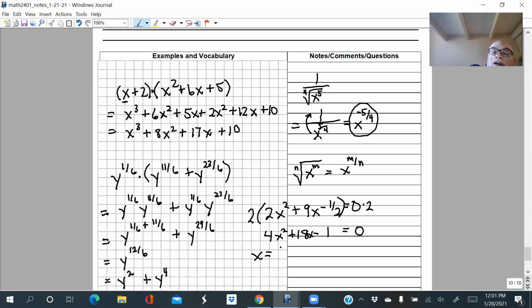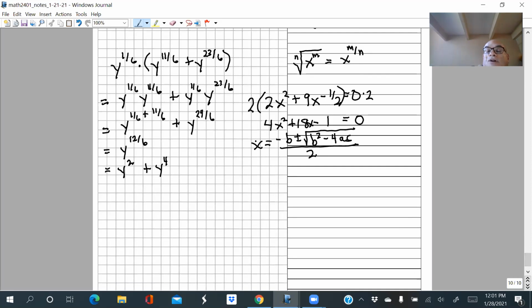You remember the quadratic formula? It's minus b plus or minus, so you might have two solutions to your quadratic equation, the square root of b squared minus 4ac, over 2a. And the x is the unknown in the formula.